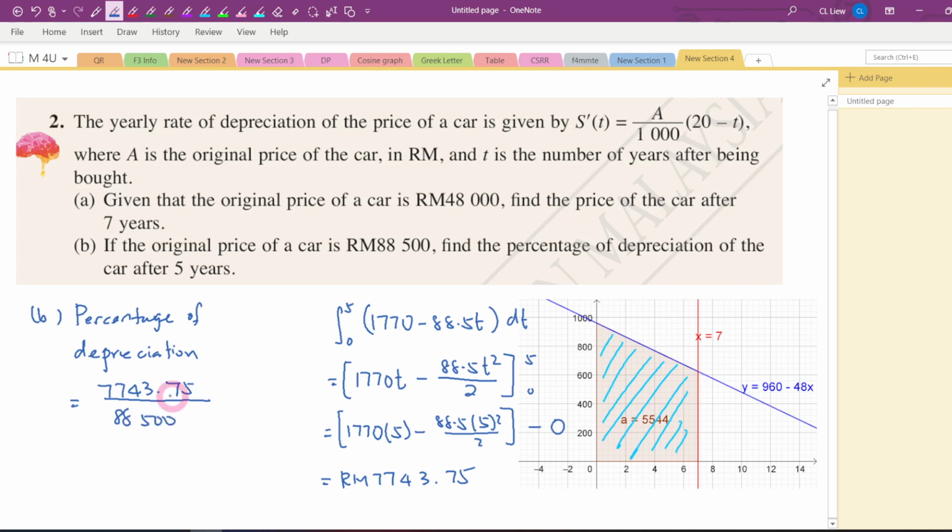We want to know how many percent, so I'm going to times 100. Just press your calculator. 7743.75 divided by 88500 times 100, and you will get 8.75%. This is the way we solve these questions.